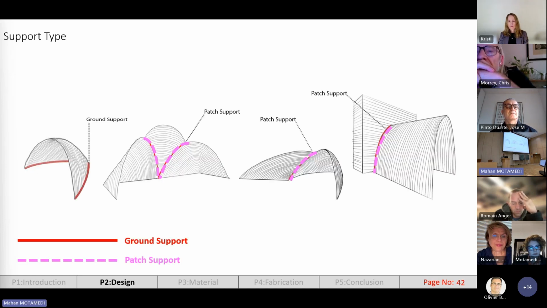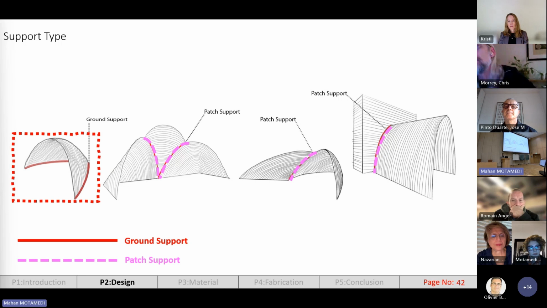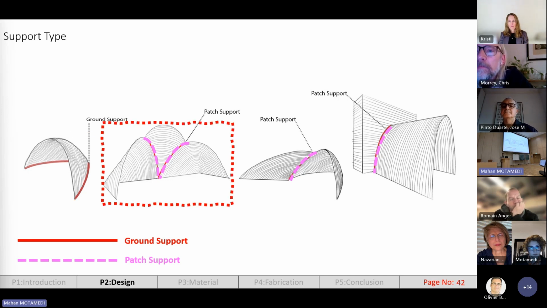The support types in the patching design grammar are twofold. First is the ground support, and second is the patch support. The first example shows the ground support, where a squinch is supported totally by ground, and the red part shows the ground support. The second one is an example of patch support, which is marked by the dashed purple line.